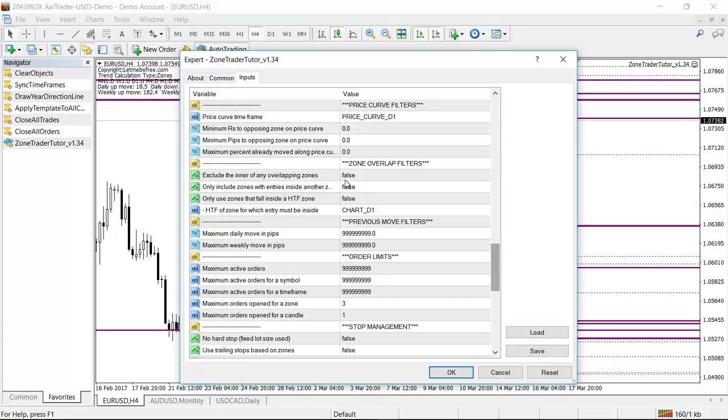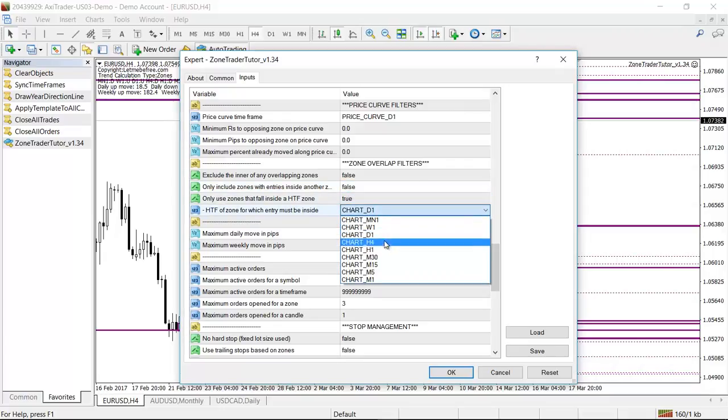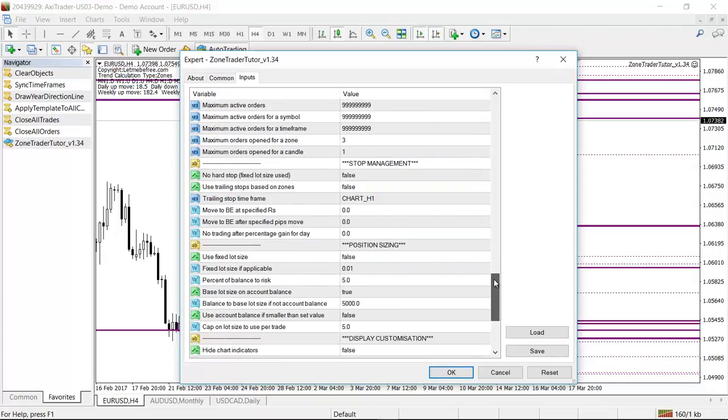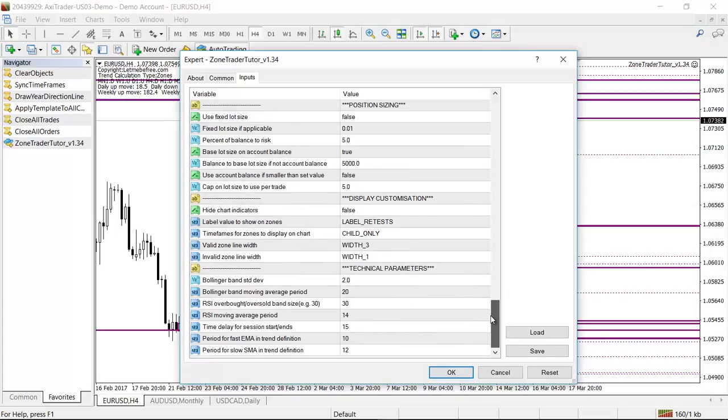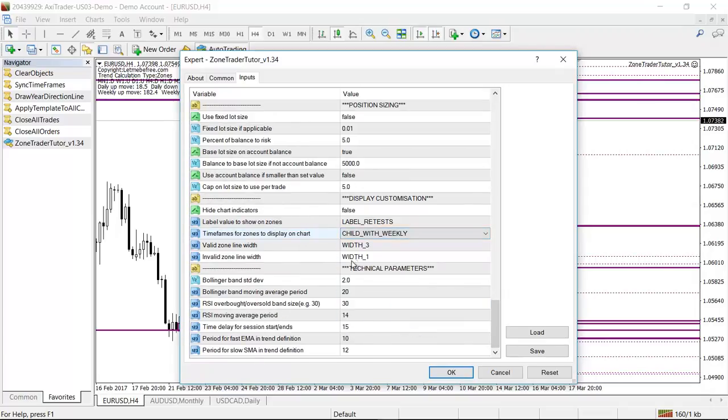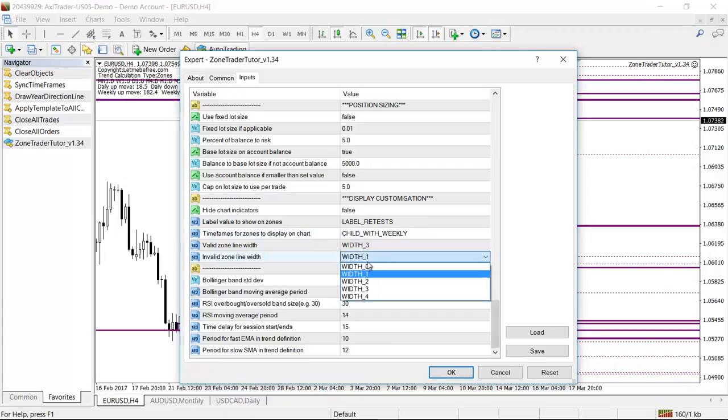We'll just change the overlap inside my time frame to true. Choose the weekly, and we will display child with the weekly. We're going to hide the inactive zones completely. Say OK.